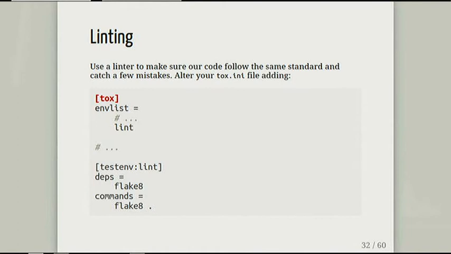To do that, we just add this to the envlist of our tox. We have Py2.7, Python 3.4. We add this new environment lint. I'm calling that lint. You can call it anything. And you create this new environment, just testenv:lint. And again, what are your dependencies for that environment? In this case, it's just flake8.